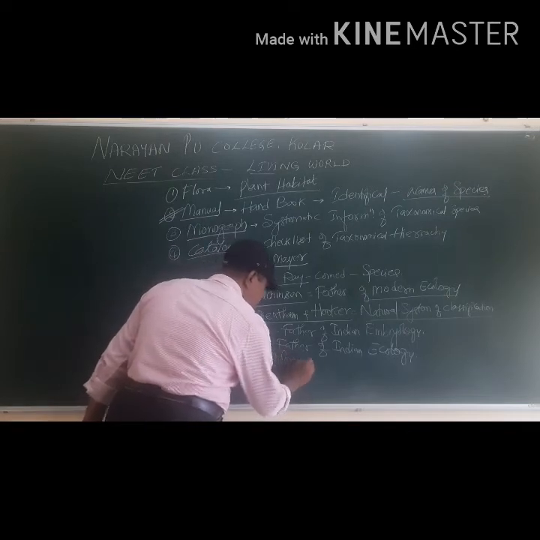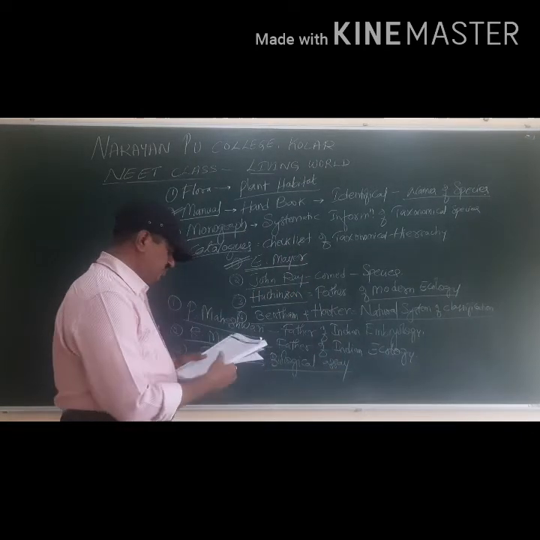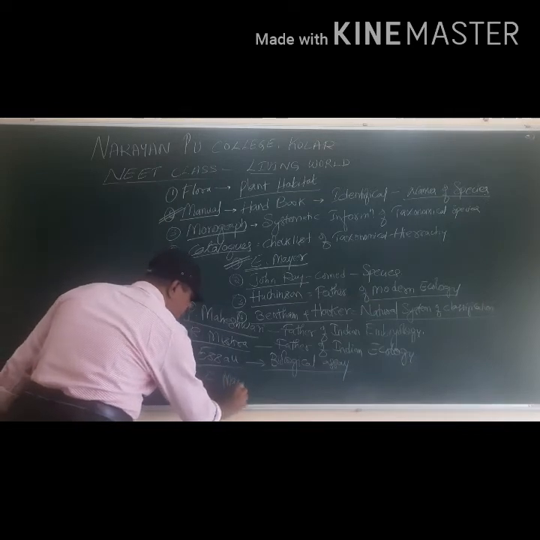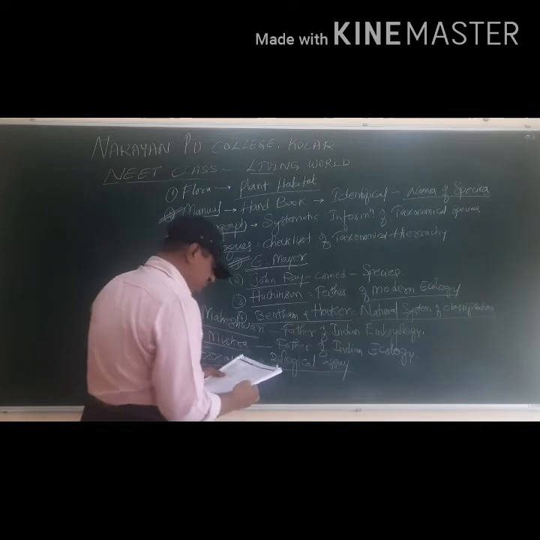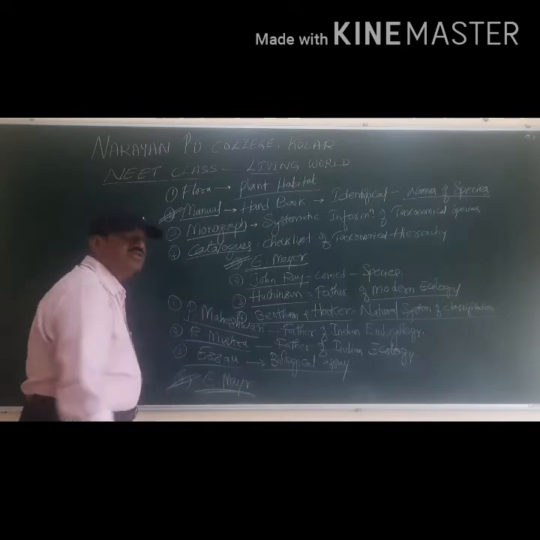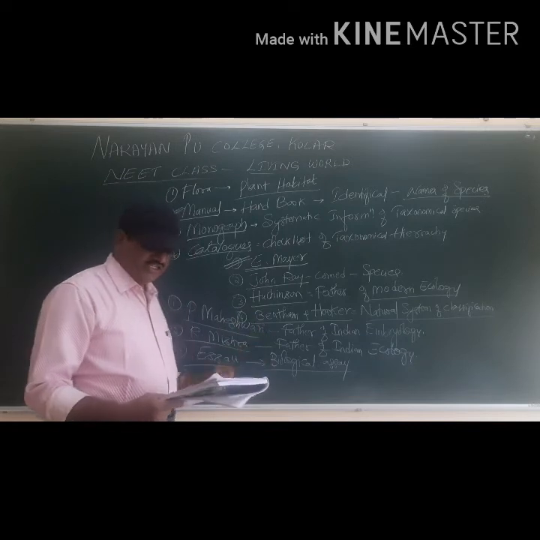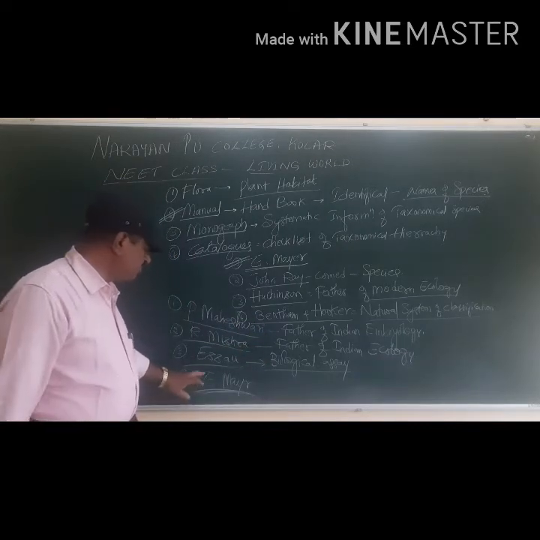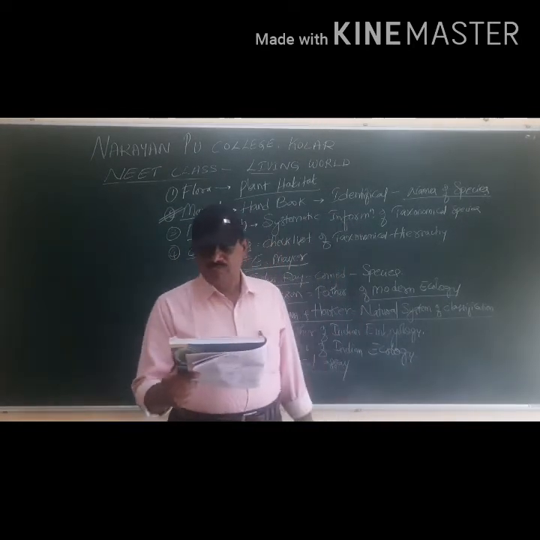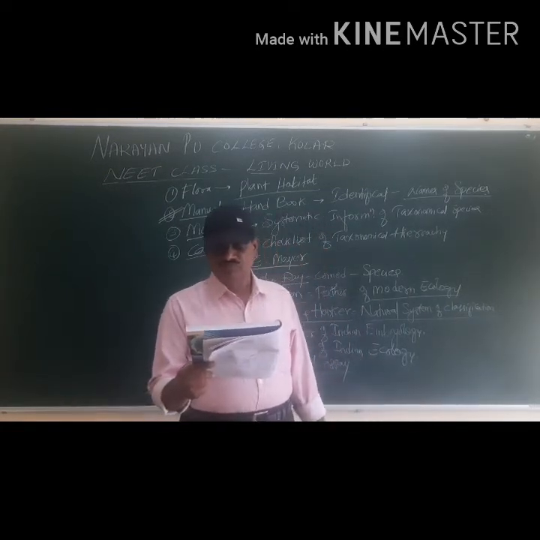And the fourth option is again Ernest Mayr. He is considered one of the 100 scientists of all time. So this person, Ernest Mayr, is the right one. So the fourth option is right here.